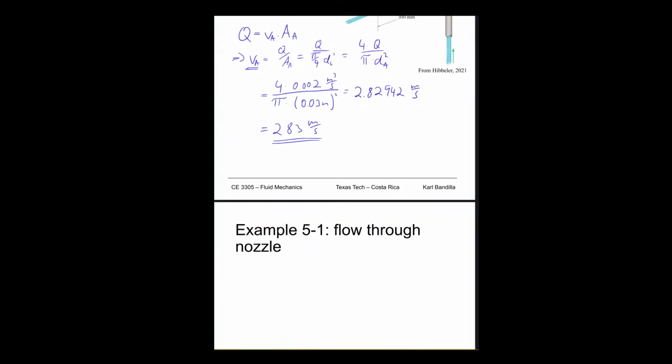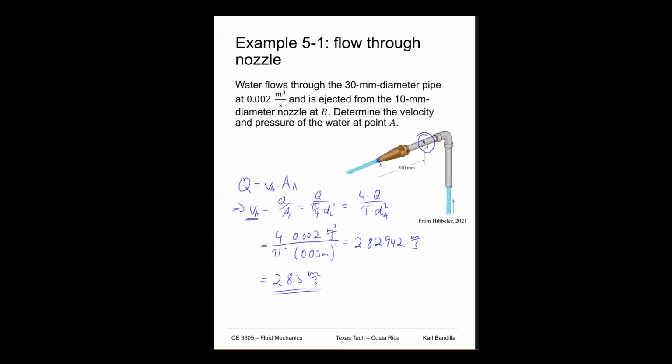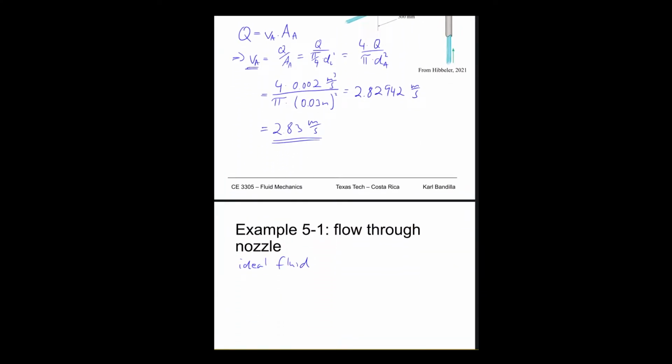So we can say we have an ideal fluid. Because it says water. Water flows through there, so it's incompressible and inviscid. We know that A and B are on the same streamline.